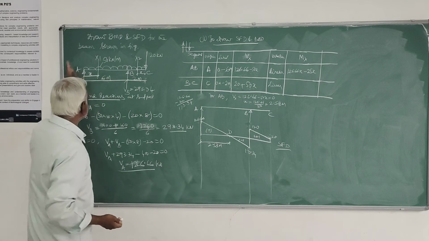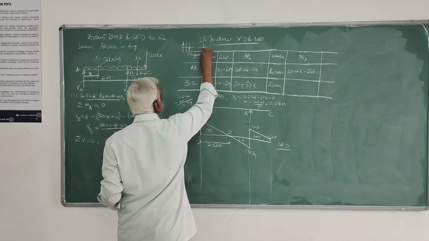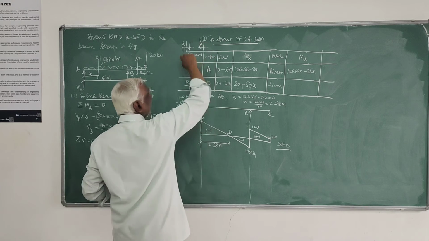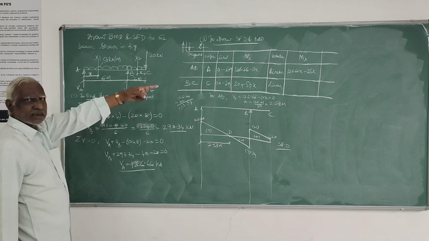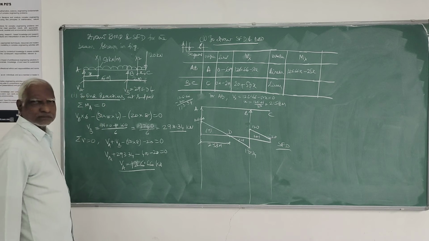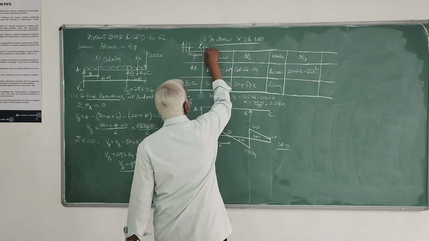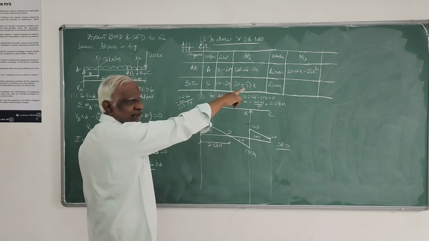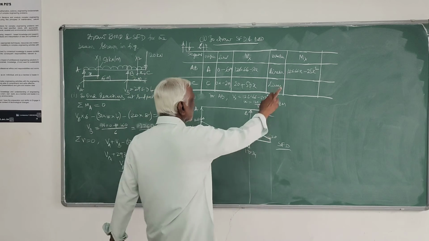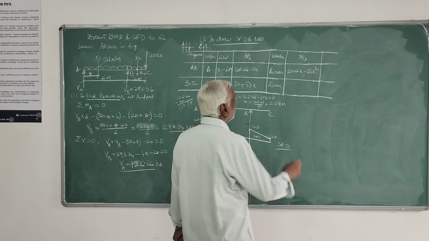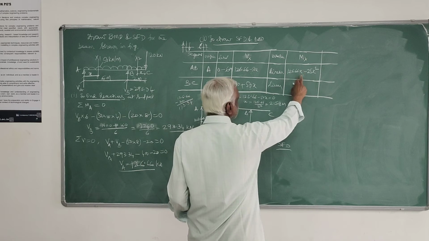This will give positive and this will give negative, because our sign convention is left side clockwise positive, anti-clockwise negative. If you write this sign convention also, there won't be any confusion for writing the equation. So this is the equation. Our limit is x equals 0 to 6, this holds good between x equals 0 and 6.